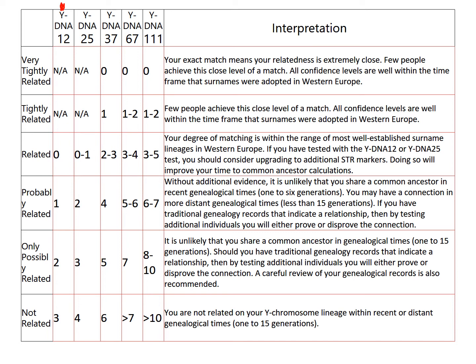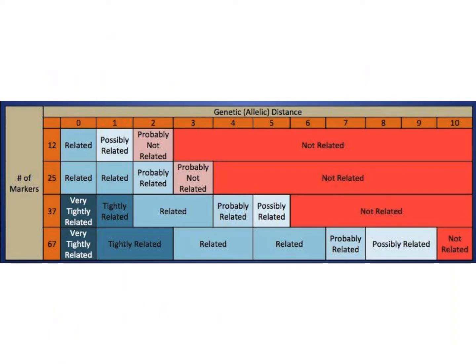Whereas you get over to the further tests with more markers, you get a much higher degree of accuracy. And of course the thing you want is very tightly related. Here's another chart that tries to show you the same thing. You notice on the left there's the number of markers in this column, and then going across is the genetic distance.